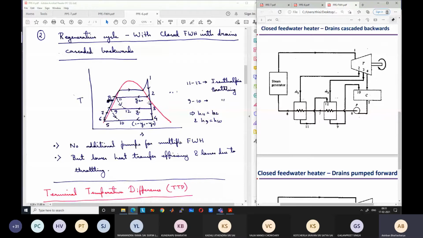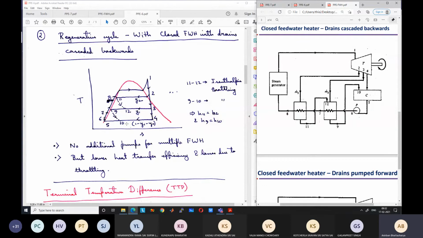The rest of the steam passes to state 3, and another small amount equal to Y1 is taken out. These are mass fractions, like 14%, 12%. The exact amount has to be calculated from energy balance. The rest of the steam passes to the condenser at state 4. So the mass of the rest of the steam is 1 minus Y1 minus Y2.